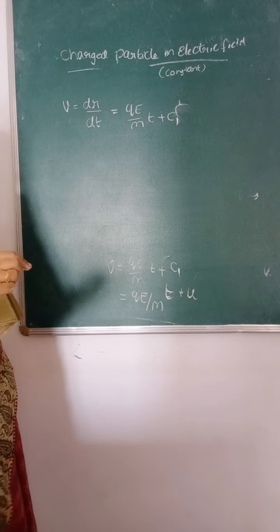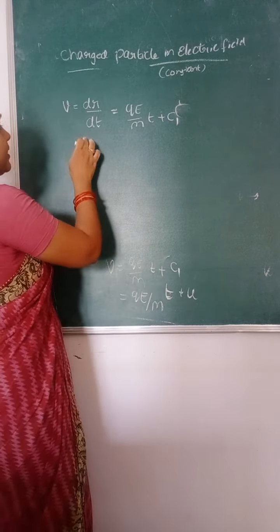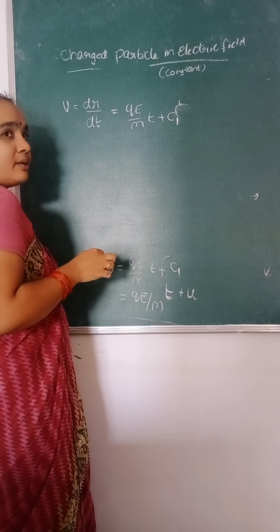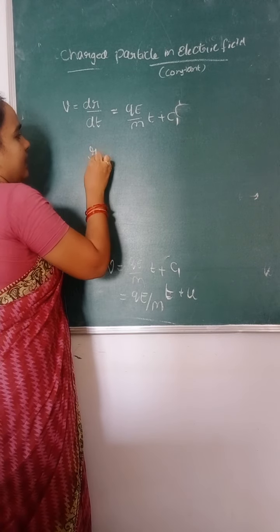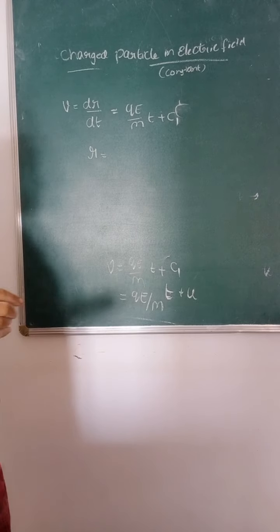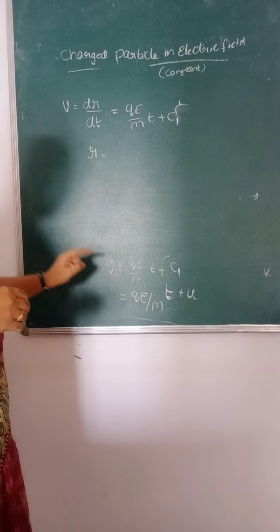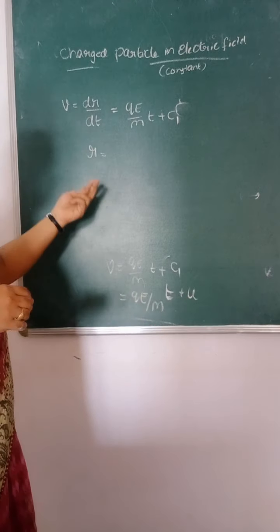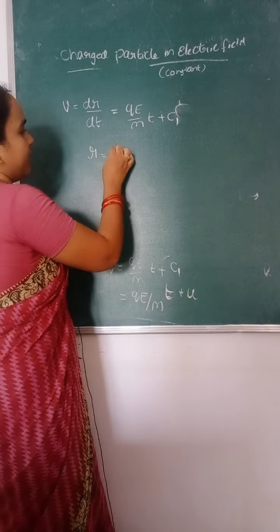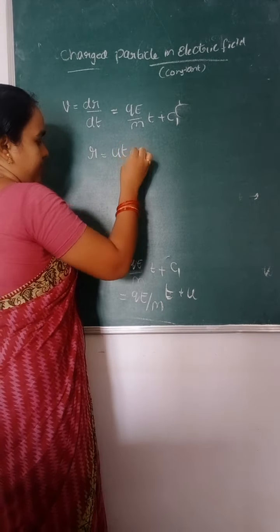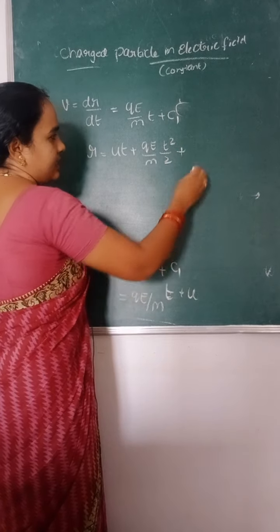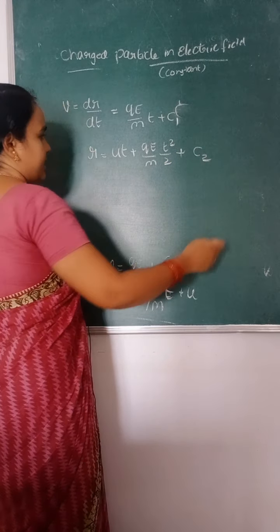Now let us integrate this equation with respect to time. Then r is equal to ut plus qE by m into t square by 2 plus some integration constant c2.